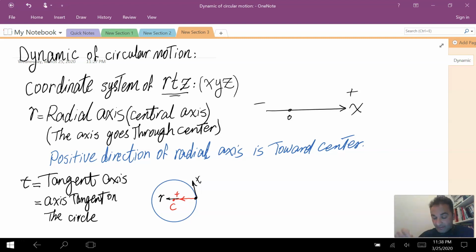So the tangent axis, in reality, is the same as the direction of motion. It is on the circle. So the tangent axis is on the circle.